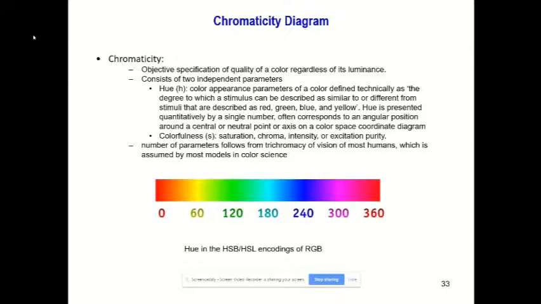Those are alternative representations of the RGB color model that were designed in the 1970s by computer graphics researchers. These two models were introduced in order to more closely align with the way human vision perceives color-making attributes.